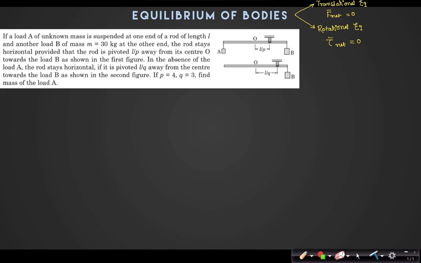The point which will be given in the question, that only we will take. So it depends from question to question. Which point should I take? A very simple answer.